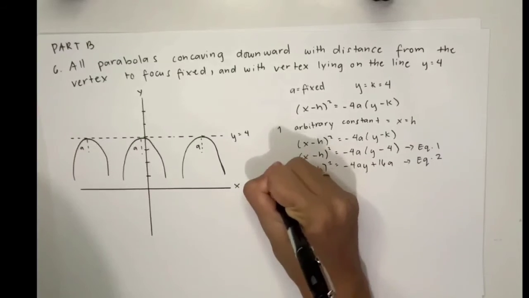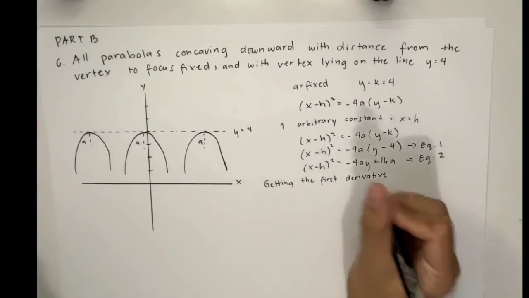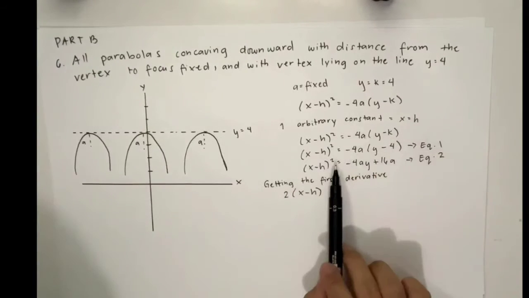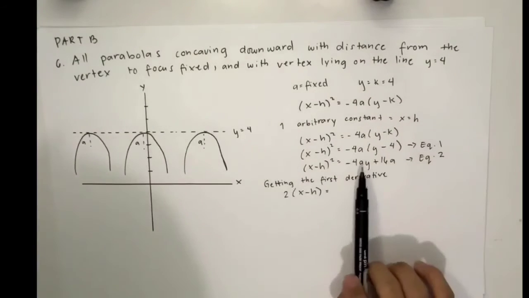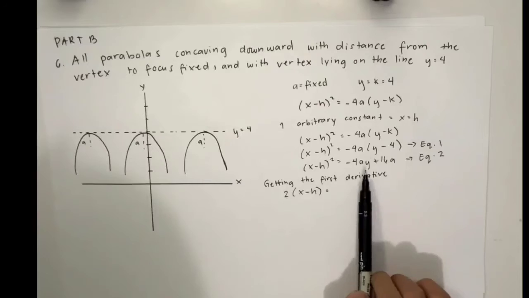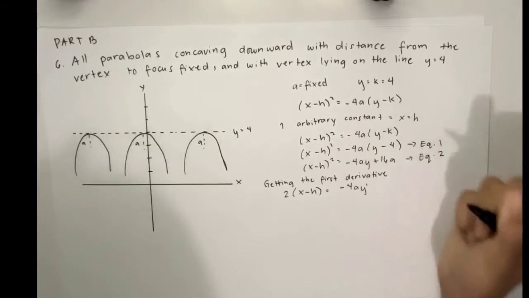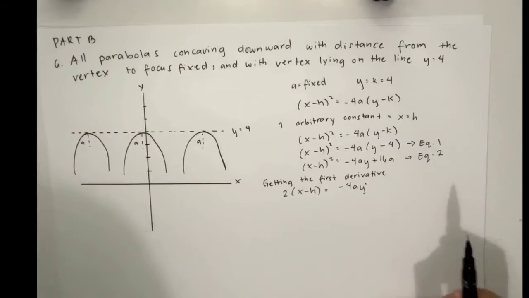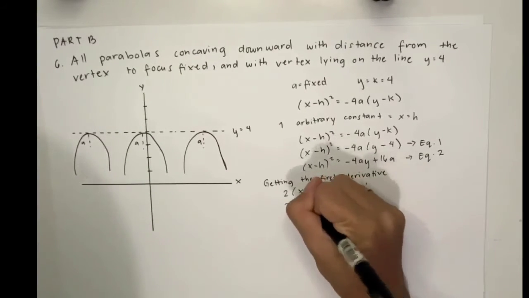Getting the first derivative, the derivative of (x - h) squared is 2(x - h), with the exponent subtracted by 1, equals the derivative of negative 4a y, which is negative 4a y prime. Since the 16 and a are constants, their derivative is 0, so we won't write them. Then we can simplify this equation by multiplying 1/2 on both sides.